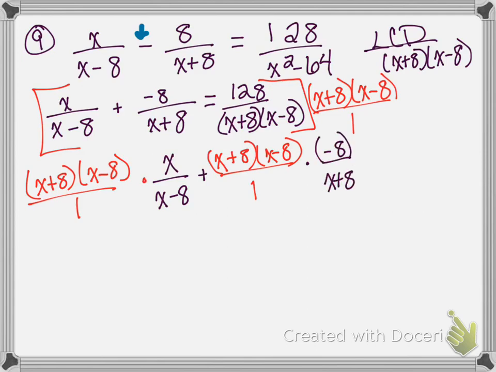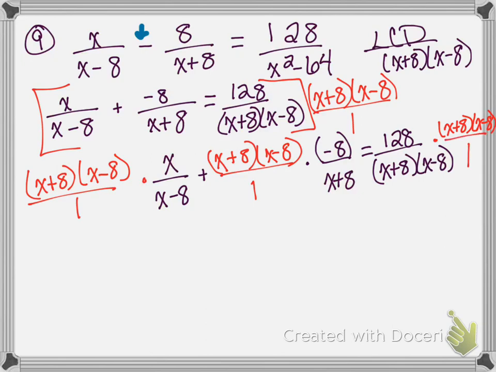That negative 8 is because we moved that minus sign to our numerator. Then I have 128 over x plus 8, x minus 8, and I am multiplying that times our LCD, which is x plus 8, x minus 8 over 1.